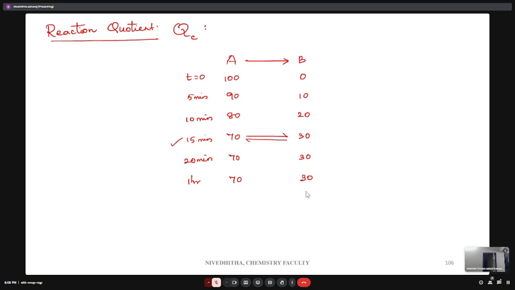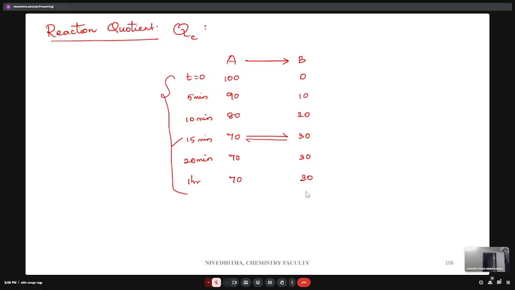For example, at 12th minute, what was the direction of the reaction? Forward, ma'am. Forward. See, I've given the proper data here. By using this data, we can predict at particular time what was the direction of the reaction.